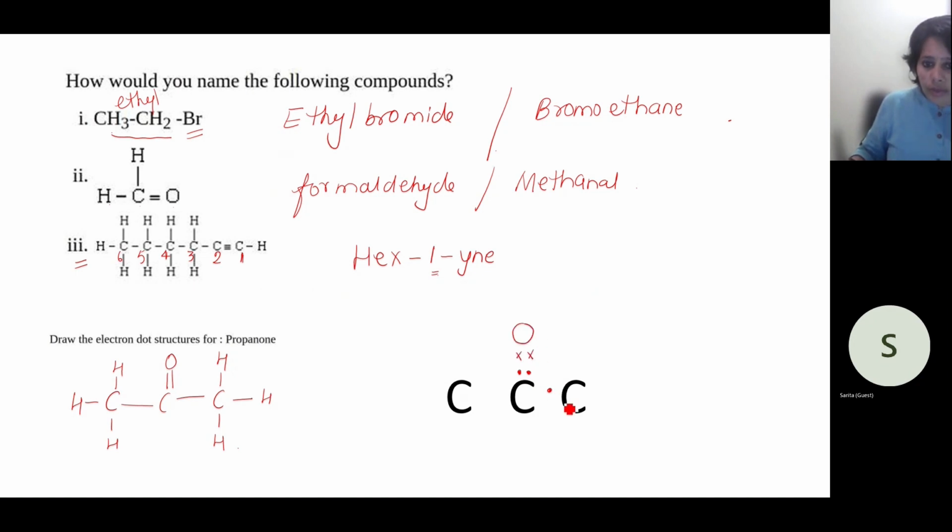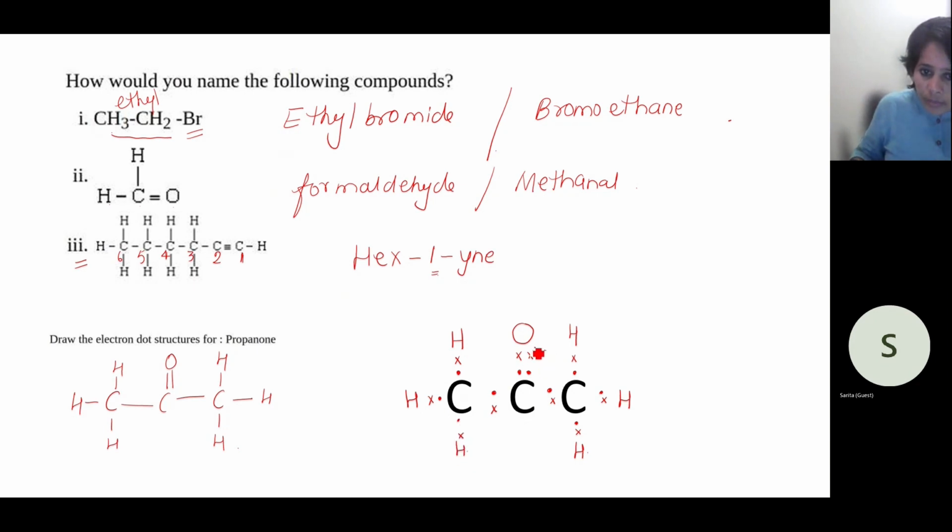This is the electron of this carbon, electron of this carbon. Again, electron of carbon, electron of hydrogen, and so on for each carbon and hydrogen.